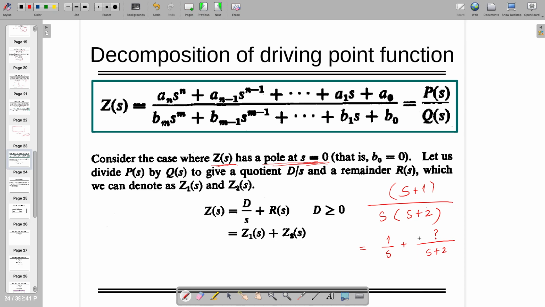Can you do it for this one using the partial fraction method or whatever method you have learned? Or by observation you can tell.